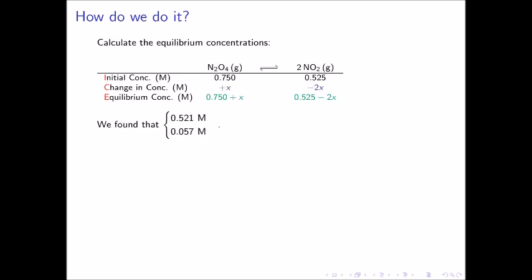We are now ready to calculate the equilibrium concentrations, but recall that we found two positive roots, either 0.521 molar or 0.057 molar. Up front, it appears that both of these could physically be concentrations. However, we have to look a little closer at the problem to determine which one is the root we want to ignore.